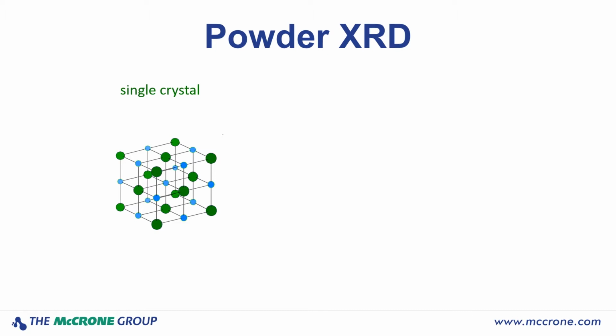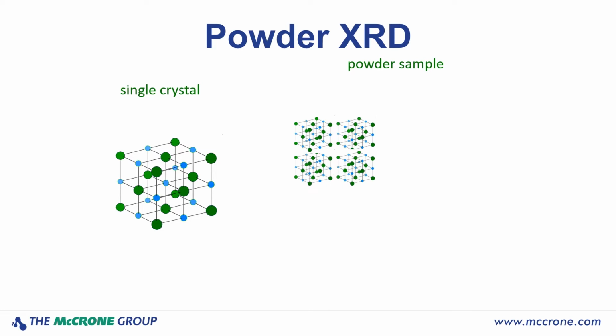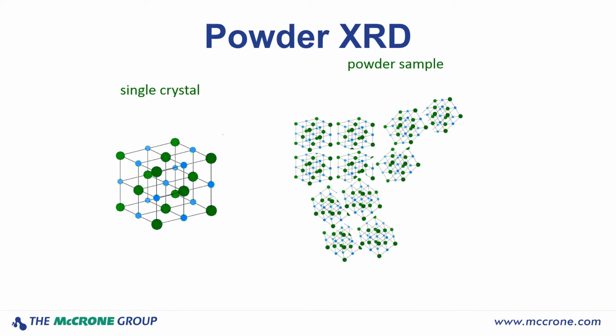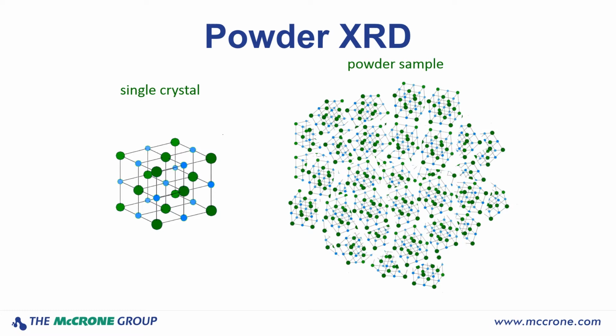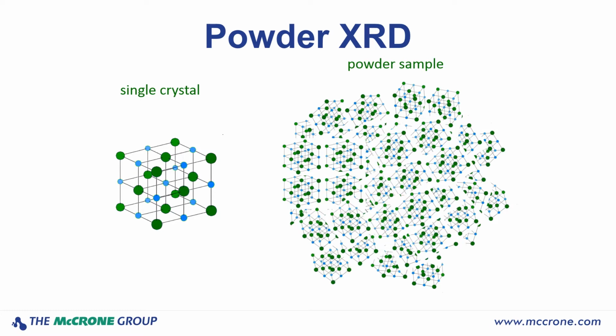But in real life, we typically have powder samples. And most times the crystals are formed at angles to each other. Or we have maybe another crystallite that's at a different angle to all the other particles or crystallites in the sample. And what happens is they all bunch up and we obtain what's known as a powder sample.